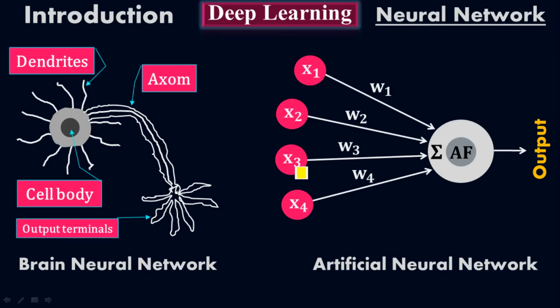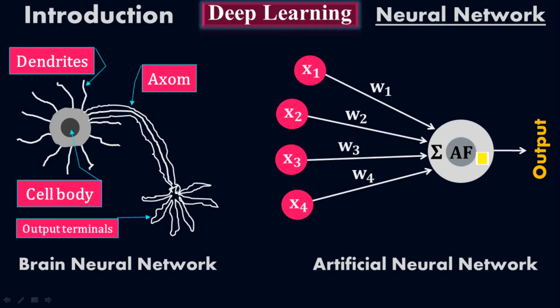The same thing happens here. x sub 1, x sub 2, x sub 3, x sub 4 are the inputs which receive information from the outside. Once it receives the information, it takes the product with a weight, which are the random values, and then summation takes place here. It is like the cell body in the brain neural network. Then the activation function does the job of the controller.